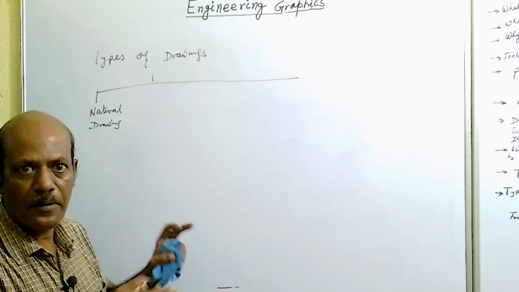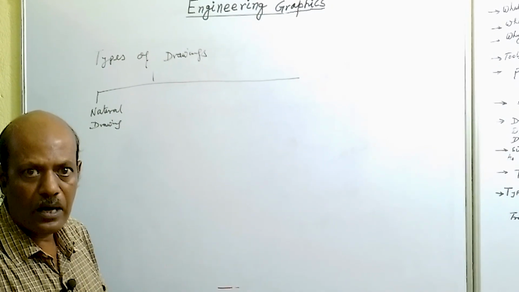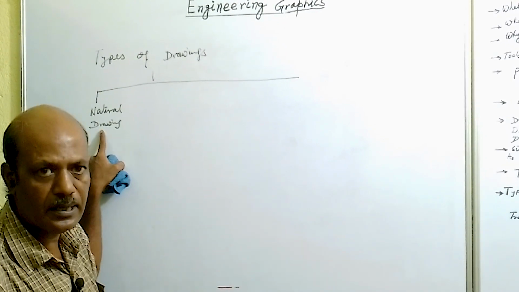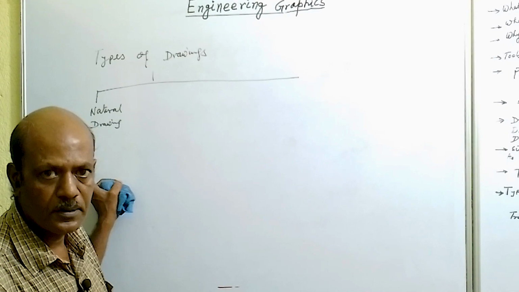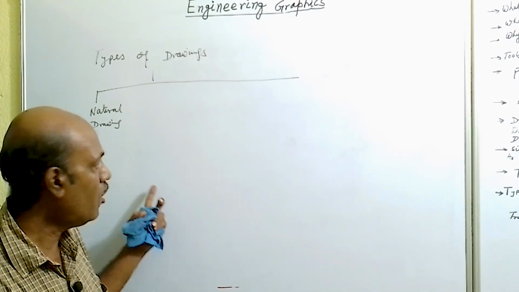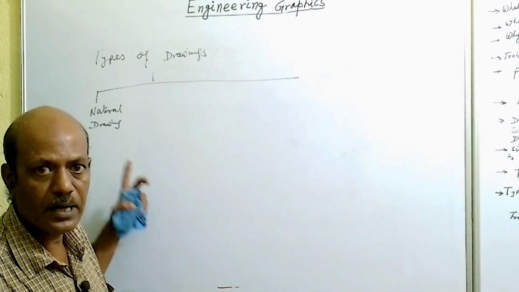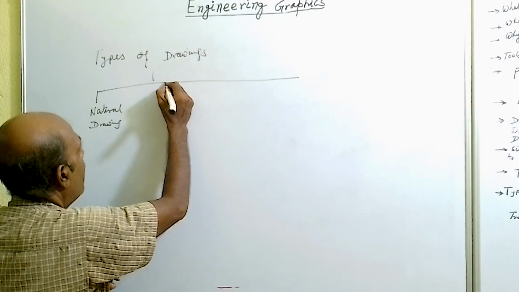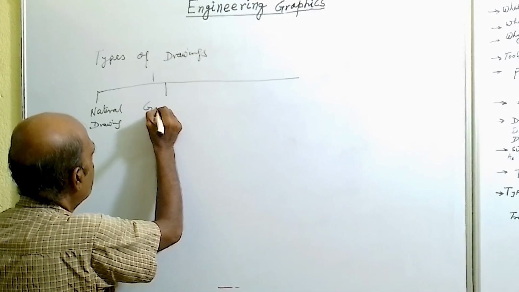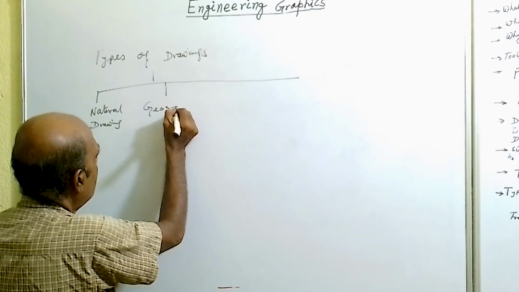The drawing of a particular area or a scenery is coming under this, that is the natural drawing. The drawing of a particular area or any scenery is coming under natural drawing. And second kind of drawing is geographical drawing.